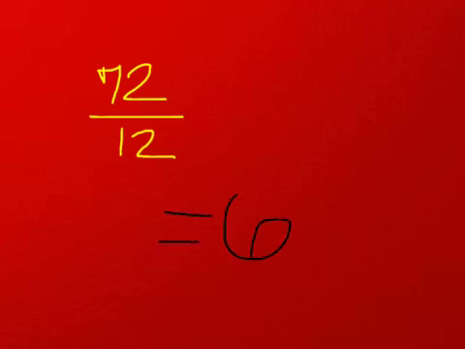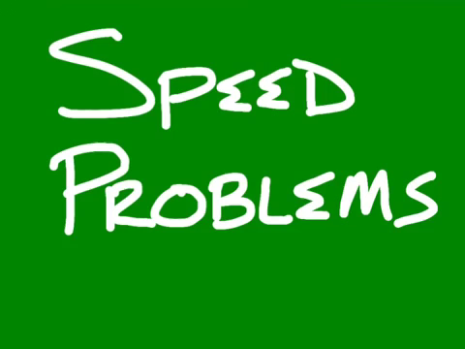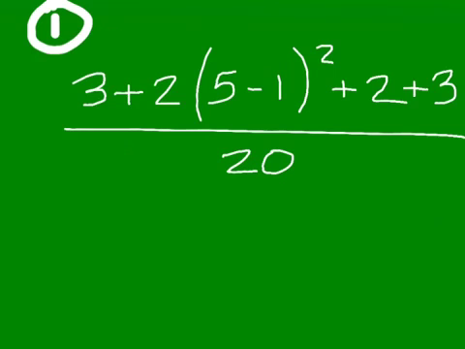Okay, 72 divided by 12 is 6. Good job, guys. Okay, speed problem.